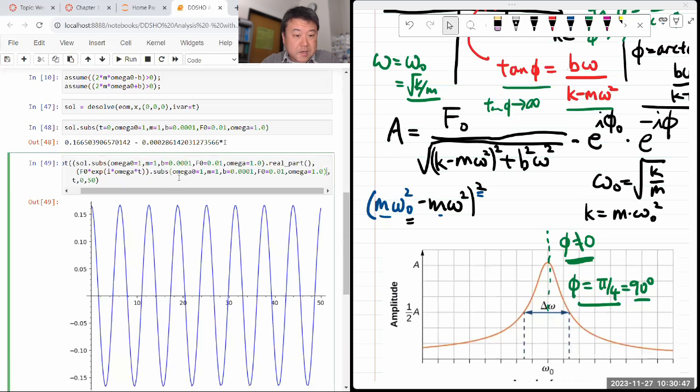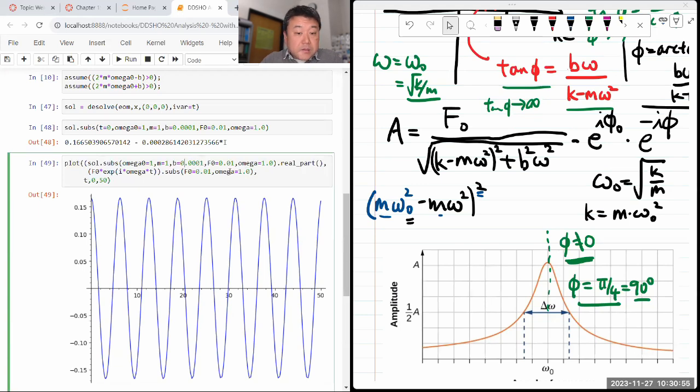Substitute in all these. Some of these are redundant, so let me get rid of the redundant ones. I don't need omega naught, m or b. And I still need to take the real part only.